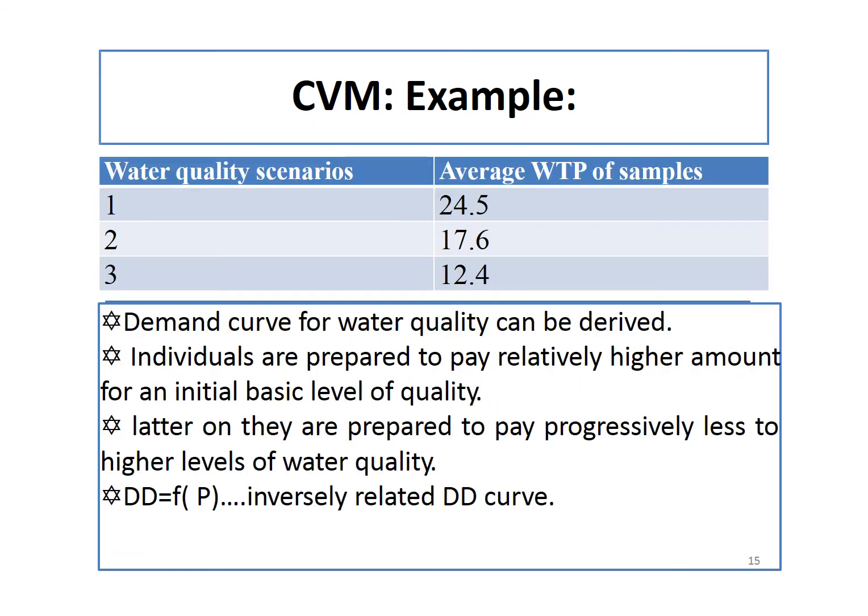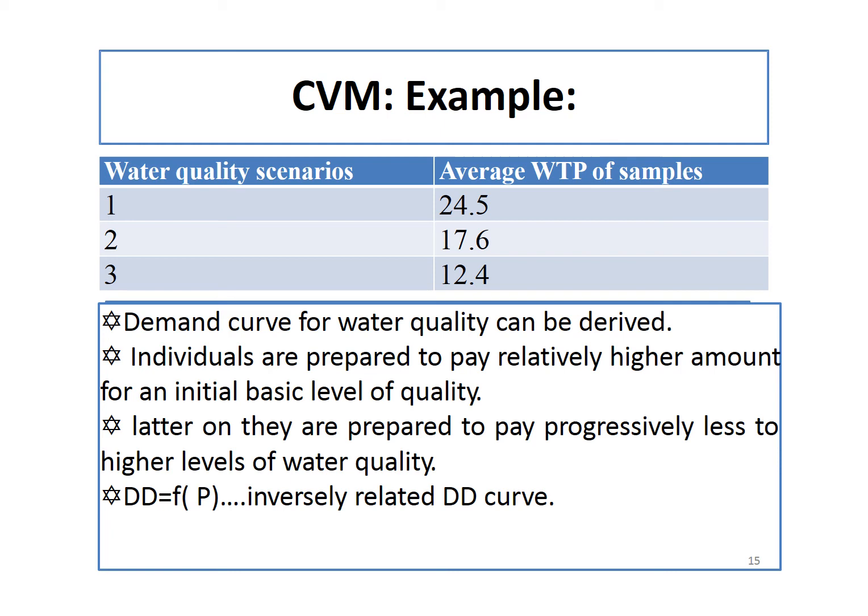What you will get in the end is this water quality scenario table. In the first scenario, people are willing to pay on average about 24.5. In the second scenario, they are willing to pay about 70.6. In the third scenario, they are on average willing to pay about 12.4, in whatever currency you want to apply.